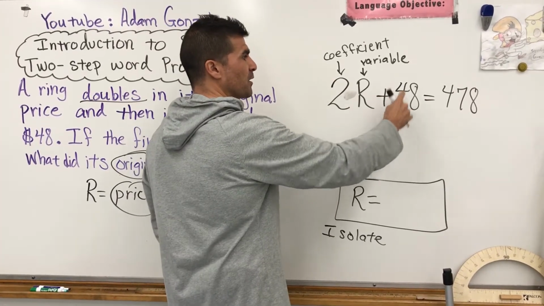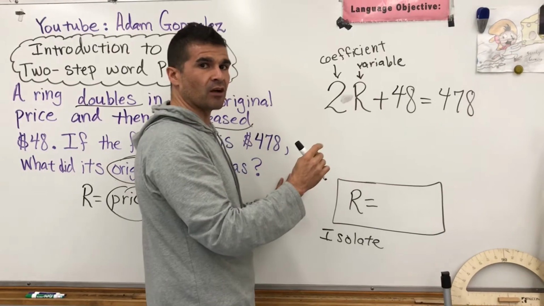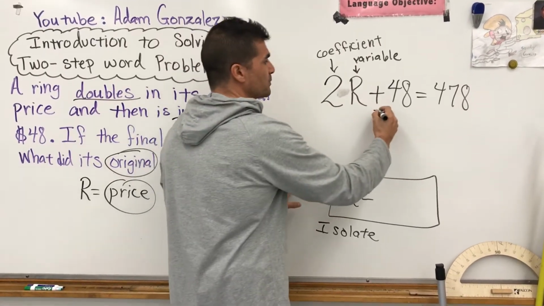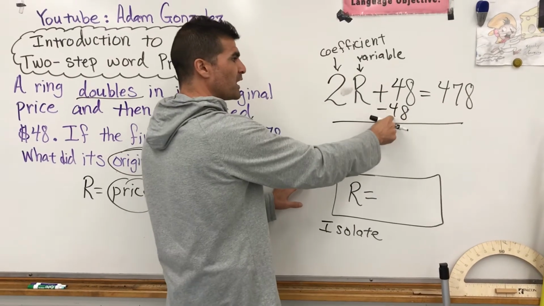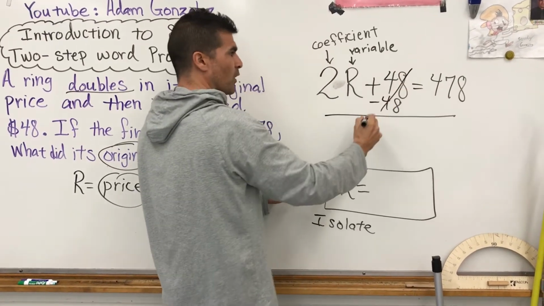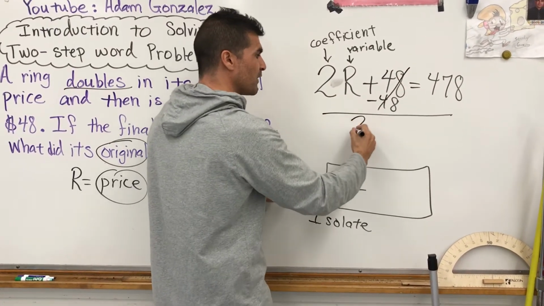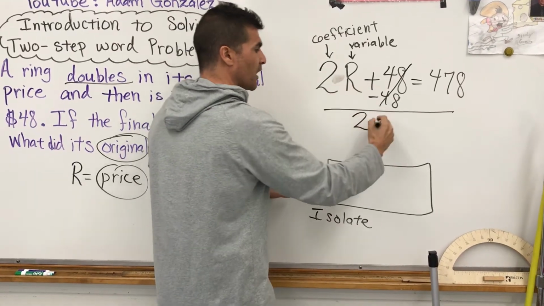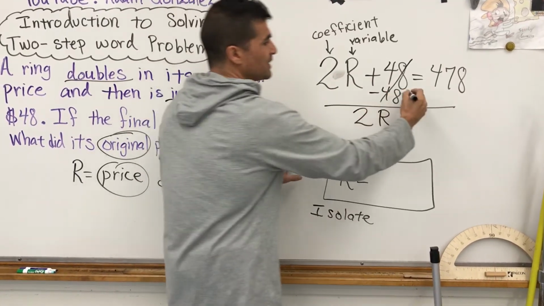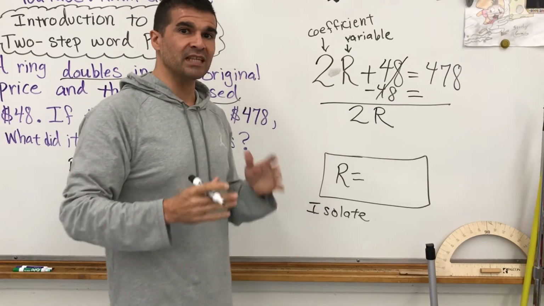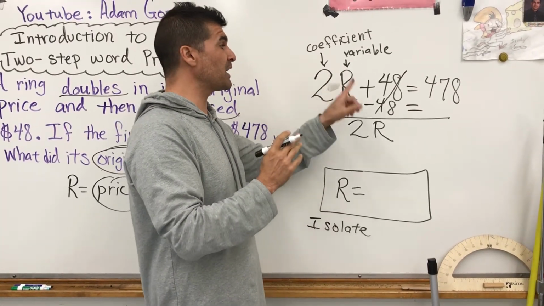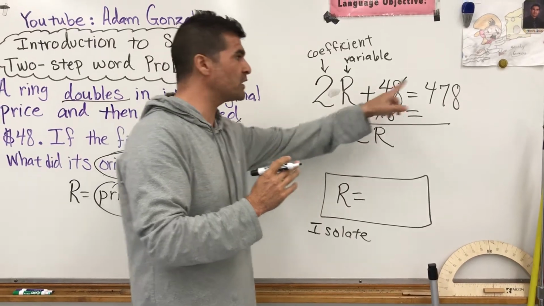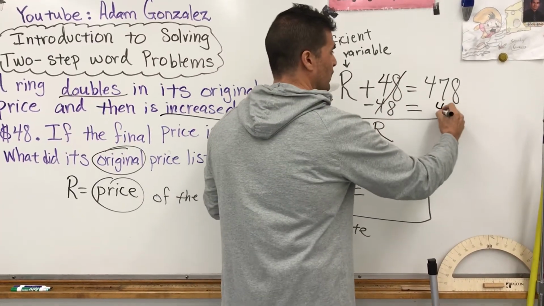Usually it's customary to get rid of the $48 somehow. So we're going to subtract the $48 away. When you take away 48 from 48, it is 0. The only thing that's going to be left over is the doubling of the ring price. But this is an equal sign, and what this equal sign means is that whatever you do, you have to make it equal on the left side of the equation and the right side of the equation.